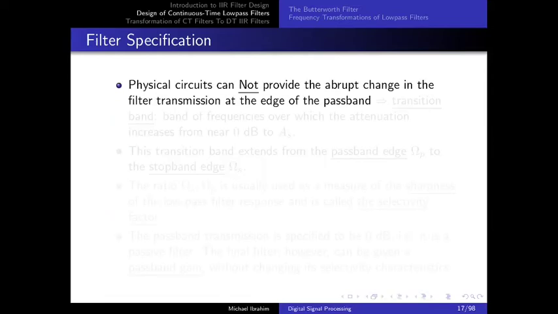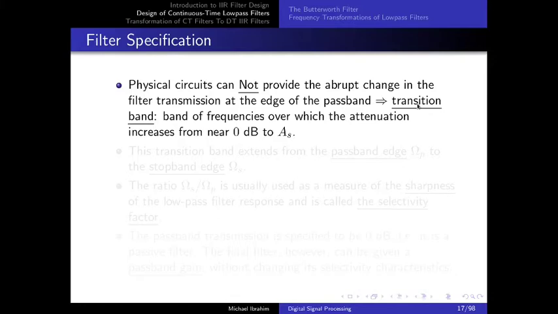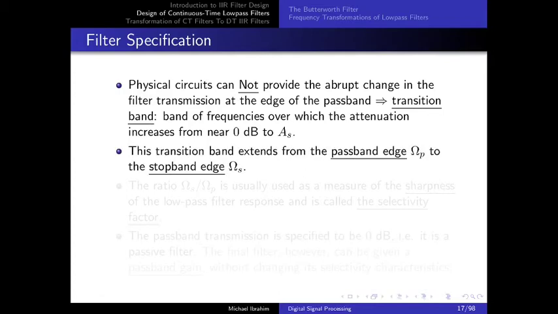And again, we cannot have a sudden change between passband and stop band. That's why we need a transition band over which the frequency response transitions gradually from the passband into the stop band. Here we have defined before omega p and omega s, omega p being the edge of the passband and omega s being the edge of the stop band.